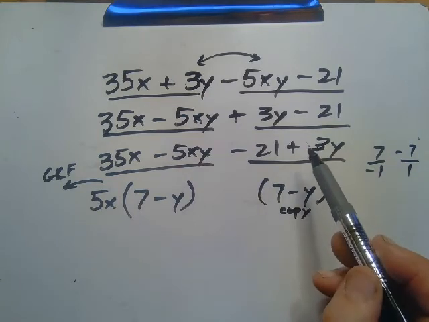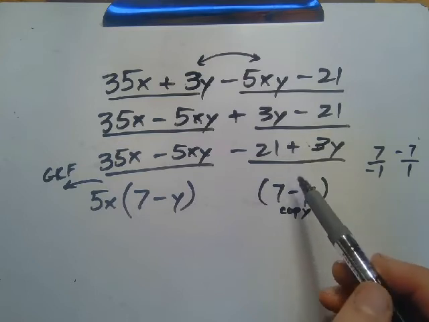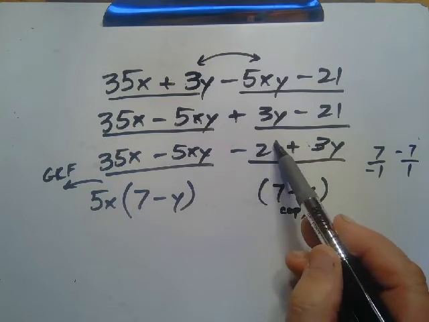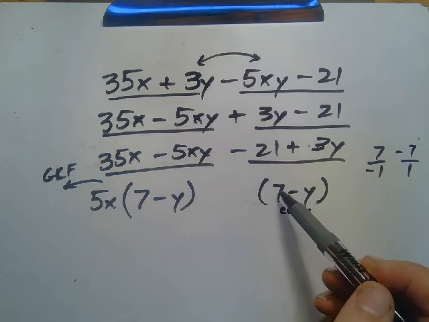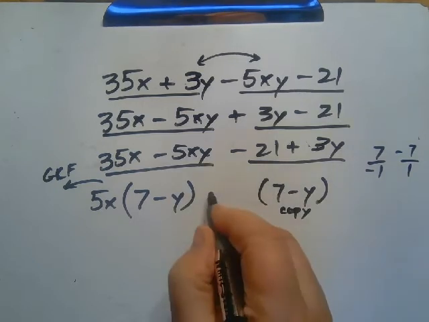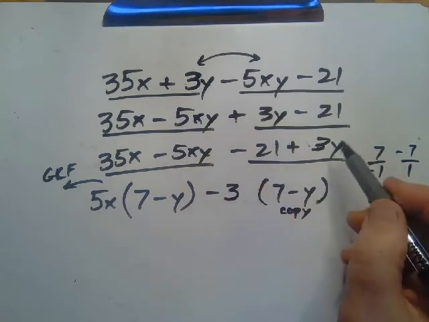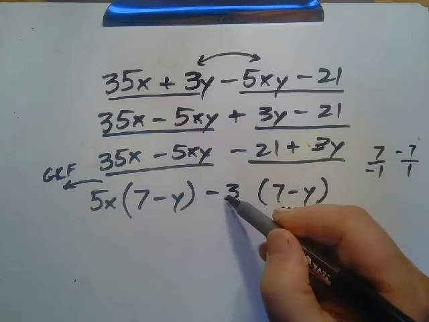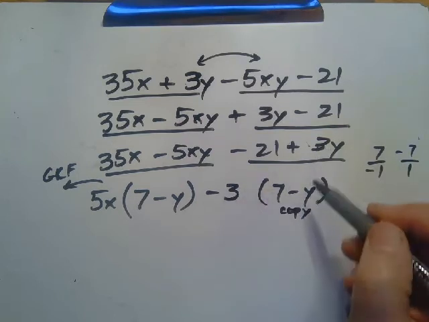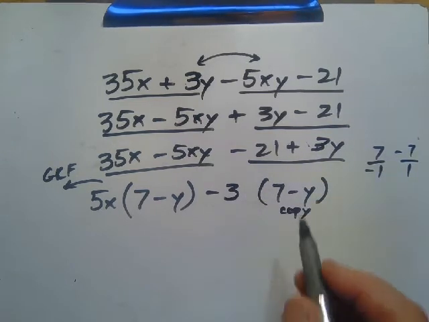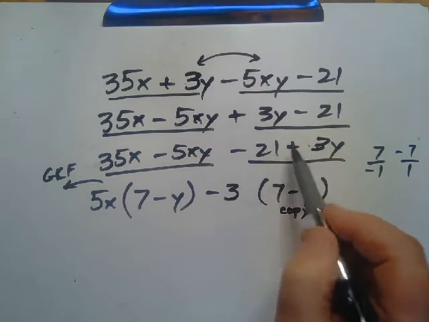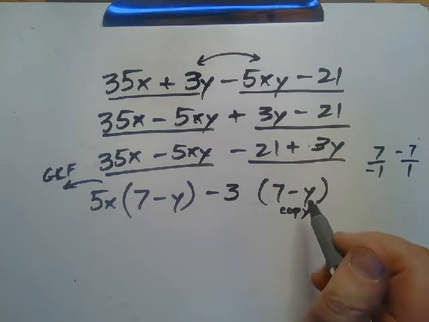The next step is, what can you take out of this that will give you this? Well, negative 21 divided by what gives me 7? Well, that would be a negative 3. 3 divided by a negative 3 is a negative 1. So this is correct. So I have to ask, what had to come out of the second group to give me these leftovers?